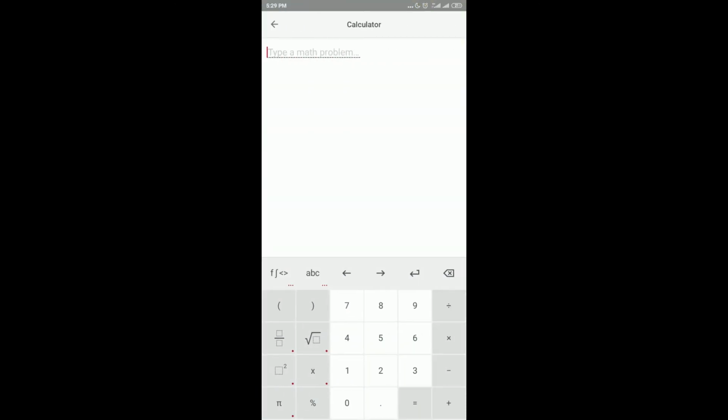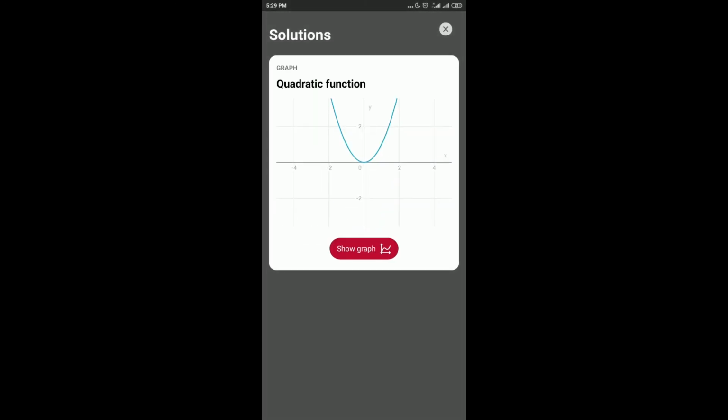Next, if you want to draw a graph but you don't know how it looks, you can use PhotoMath to check the graph shape. For example, x squared. You just press show solution, and then it will pop up like this, and just press show graph.